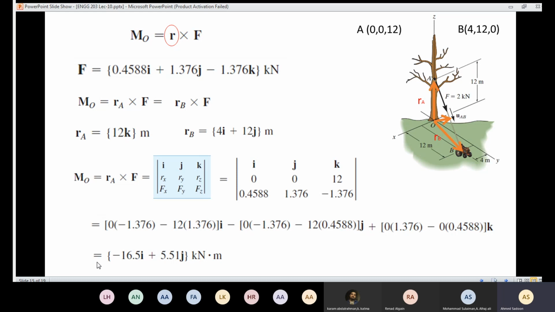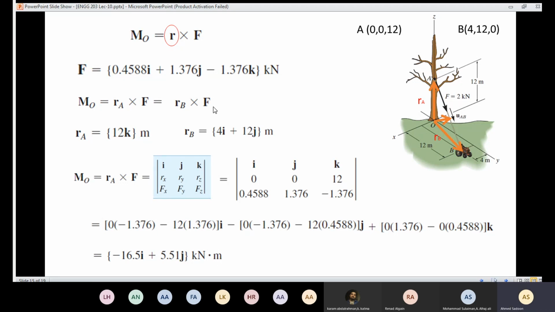And the answer came to be like that. Of course, 0 minus 0, those terms will be gone. So finally, we find that the moment vector equals minus 16.5 i plus 5.51 j. Of course, the unit is kilonewton meter.